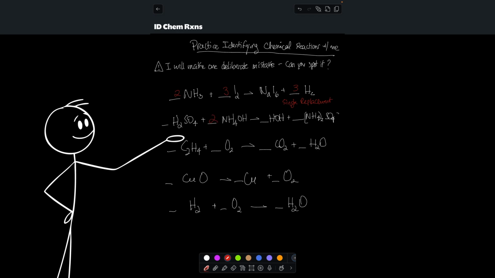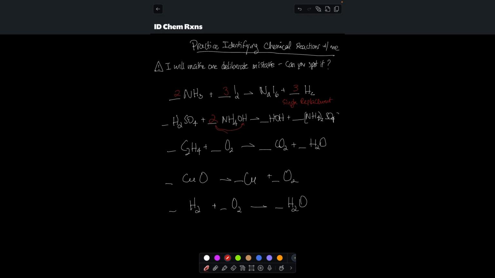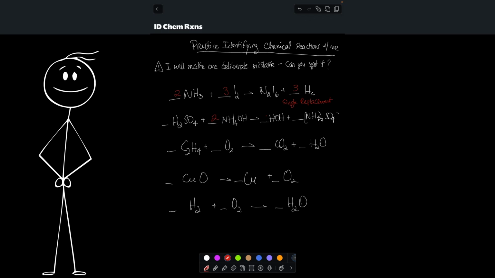By doing that, we've now created 2 H's and 2 OH's. Okay? And on top of that, we also have an additional H2. So that's basically 4 H's and 2 O's that we have to have on the right side. So what we're going to do, we have 2 NH4OH.